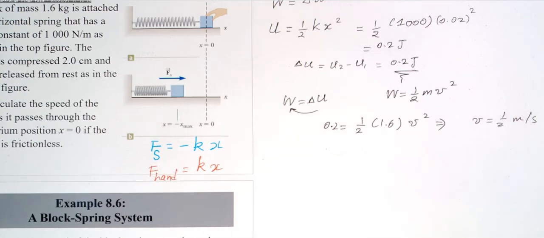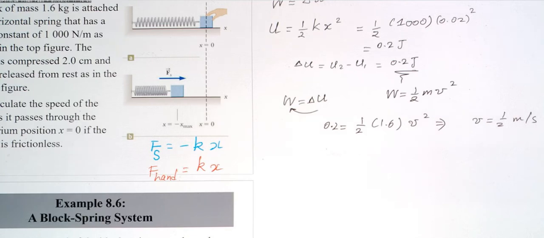Or if you want to say it in other words, well, the spring did work. But that work of the spring is not from itself. It was done on the spring and then the spring did the work. But he is not asking in this problem who did the work, or is the work positive or negative.